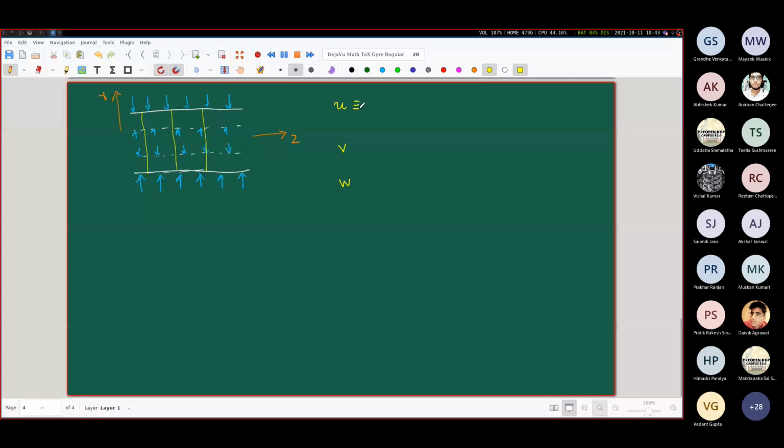In general, u will be a function of r, theta, and z. Suppose we did not know anything about the loading or the symmetry of the situation, u would generally be a function of r, theta, and z. So r, theta, and z are the independent variables. u is an unknown, it is a dependent variable. v, again, would have been a function of r, theta, and z. w would have been a function of r, theta, and z.